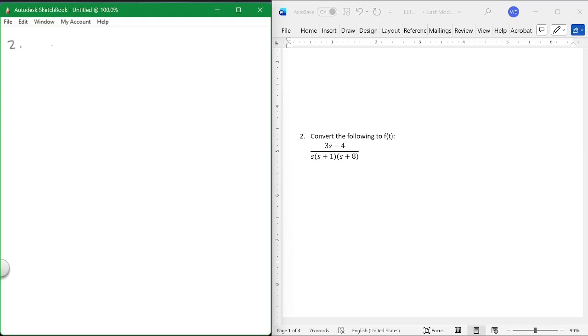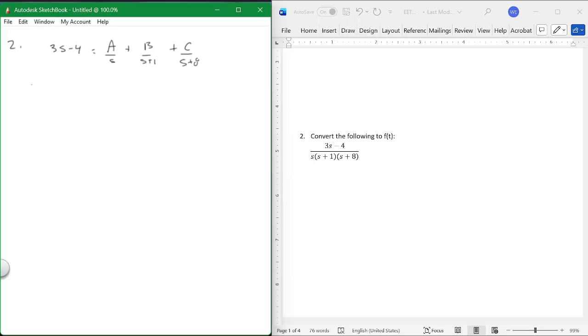3s minus 4 over that is equal to A over S plus B over S plus 1 plus C over S plus 8.